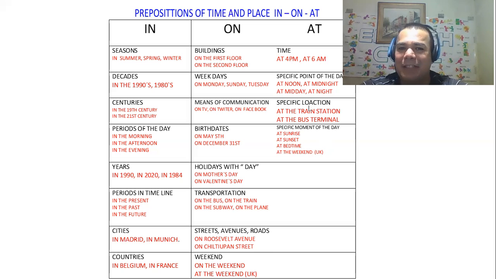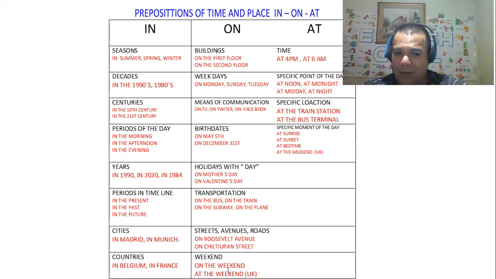Let's continue. Specific location. For example: at the train station, at the bus terminal, at the bank, at the school, at the library. Specific locations, we use the preposition of time and place at. Another category using at is specific moment of the day. What specific moment? At sunrise, at sunset, at bedtime, at the weekend.